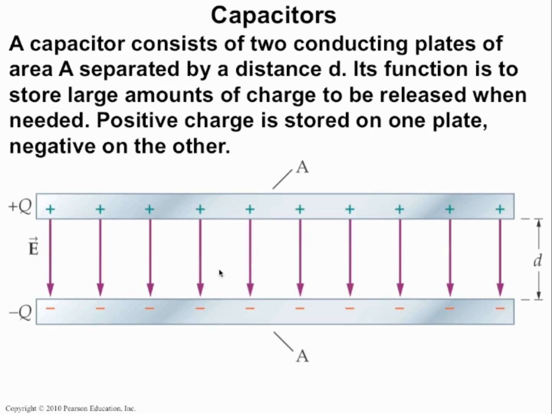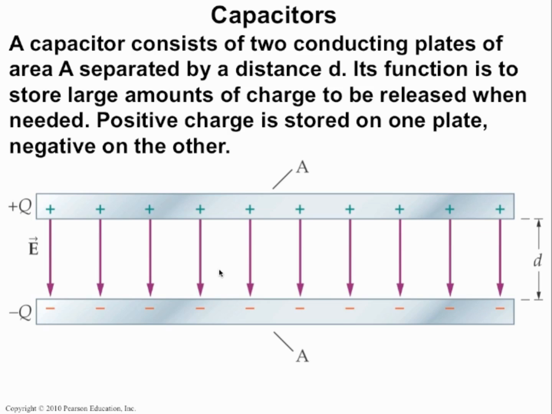Capacitors consist of two conducting plates of area A separated by a distance d. Now, in previous sections, since we started on electricity, you've seen parallel plates, especially when we talked about uniform electric fields. And sure enough, the electric field created within a parallel plate capacitor is a uniform electric field.